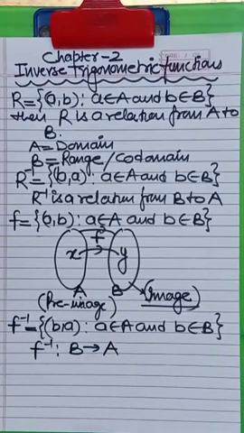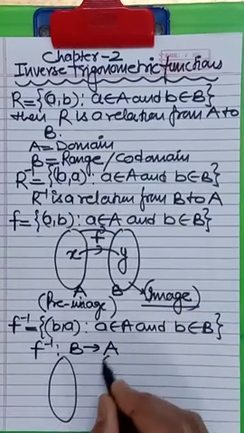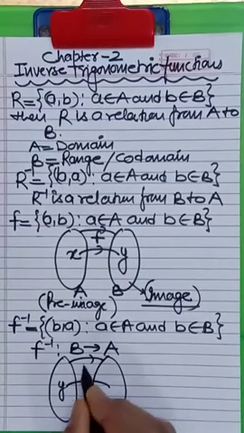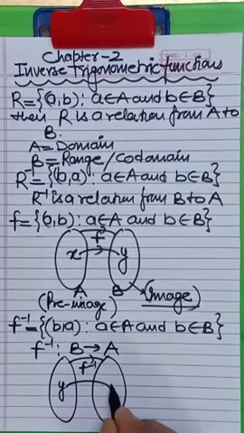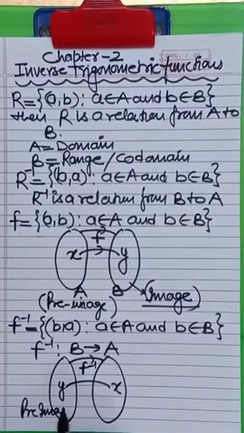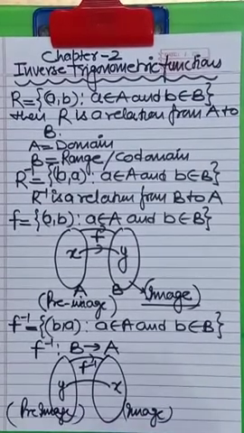Simply, in an inverse function your domain becomes range and range becomes domain. Your image becomes pre-image and pre-image becomes image.